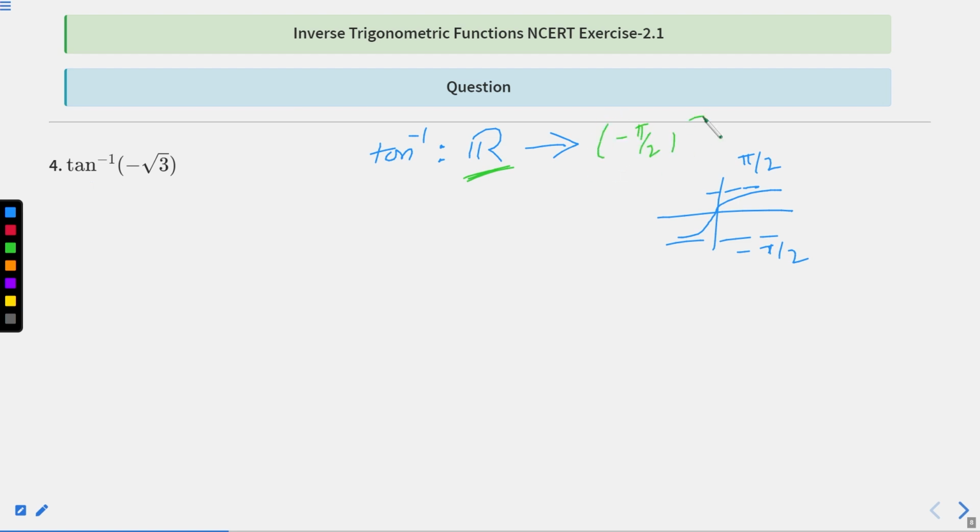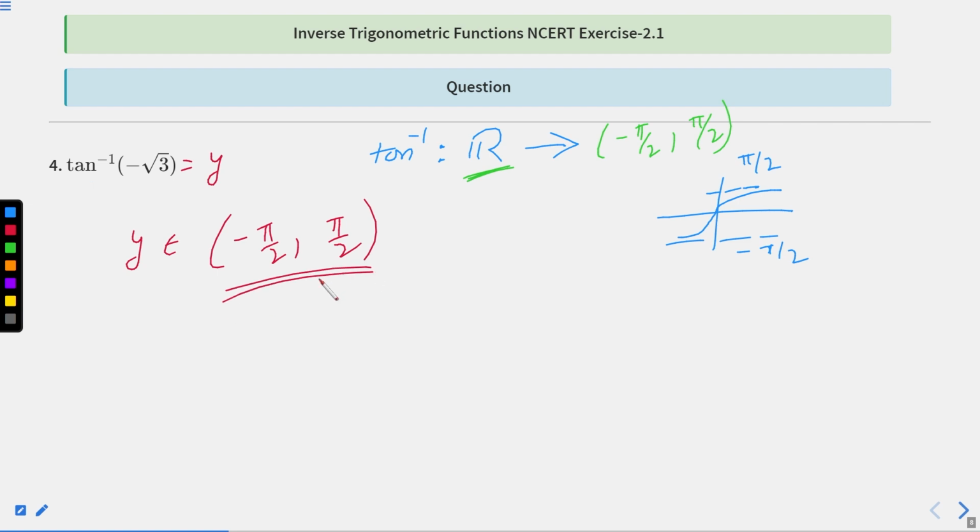This means that if this is equal to y, then y must belong to the open interval minus pi by 2 to pi by 2, the principal value branch.